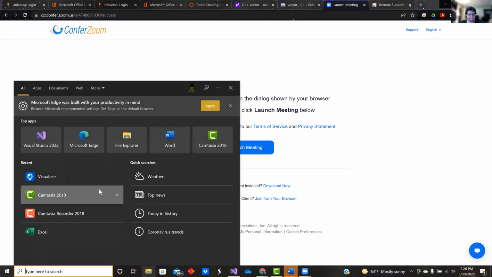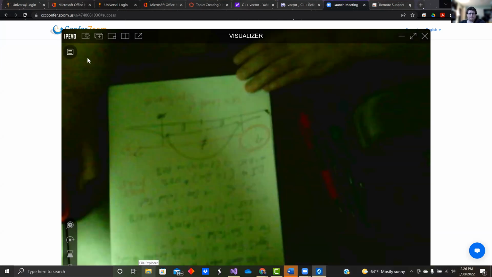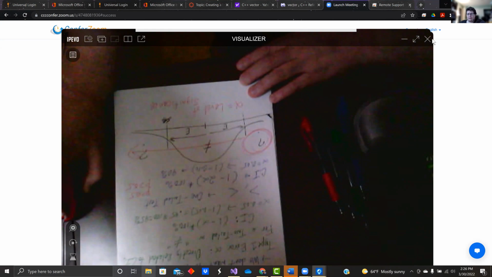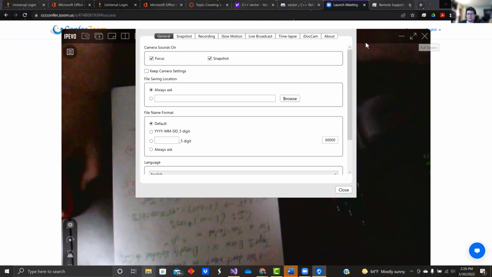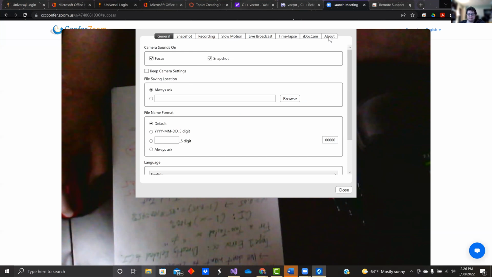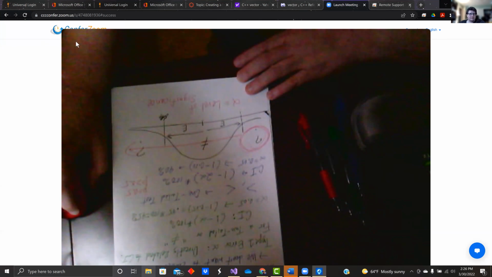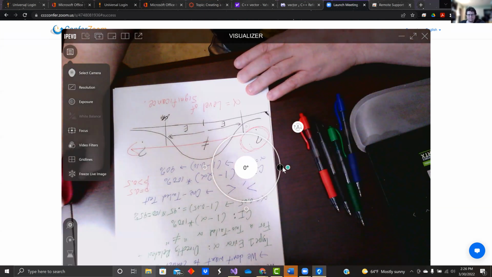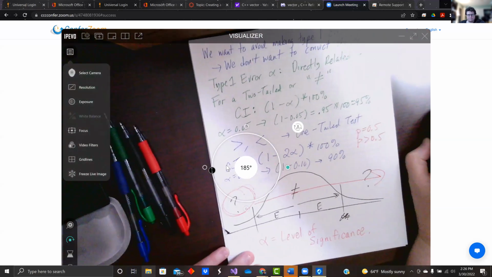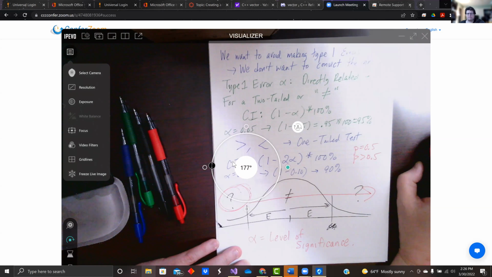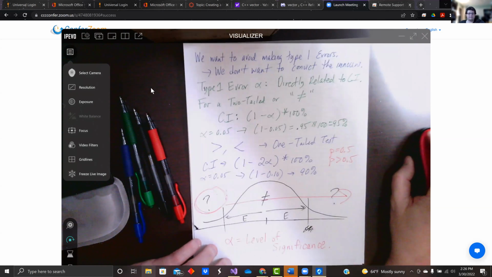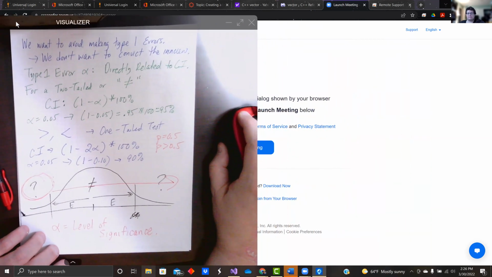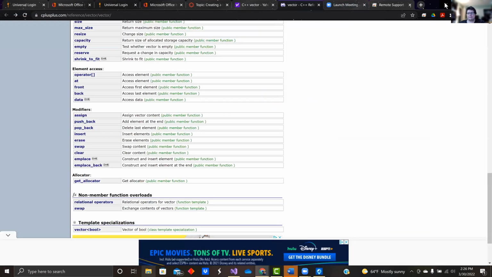Bring the camera back up. And oops. Nope, not opening a new window. Stop that. There we go. Let's get MATLAB up and running.